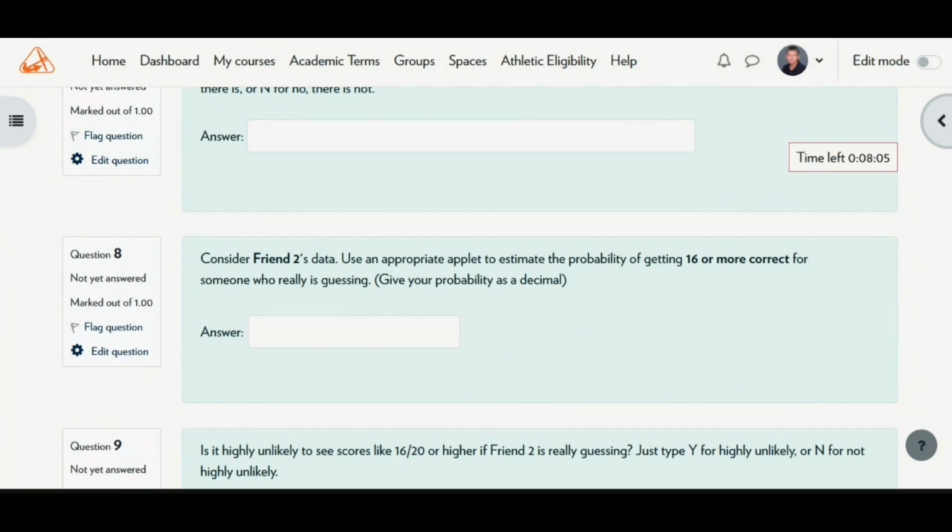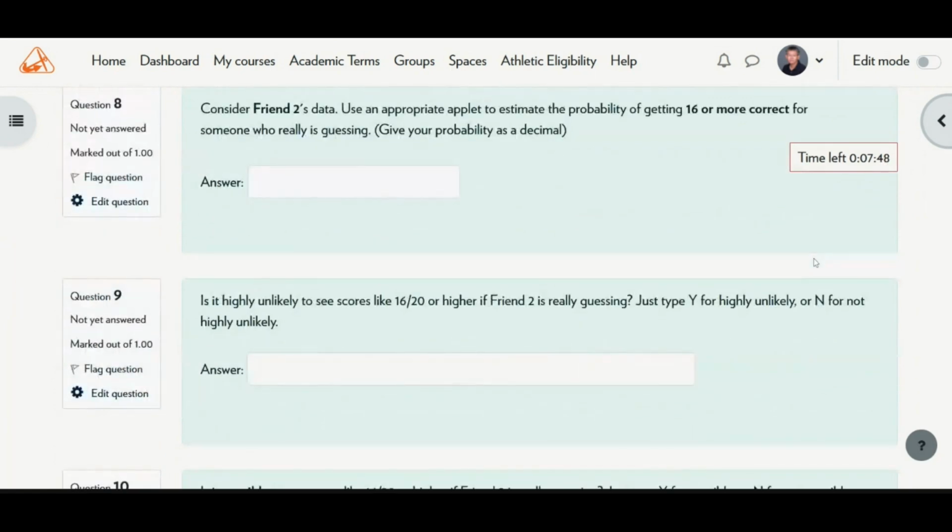Okay. Is it highly unlikely to see these scores? I think it's 16 out of 20. Yes. No, it's not likely. Is it highly unlikely to see these scores? Not likely. Yeah. Would you say there's strong evidence they're not guessing?